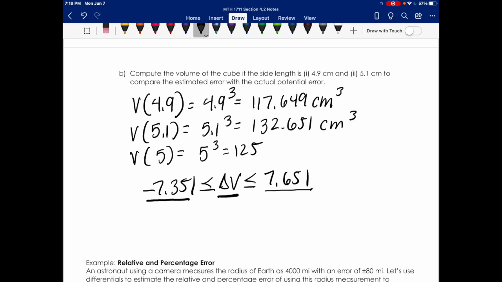If I look at my underestimation and I take 117.649 and subtract 125, that's an underestimation by 7.351 centimeters cubed.